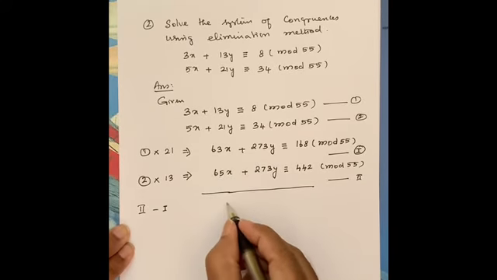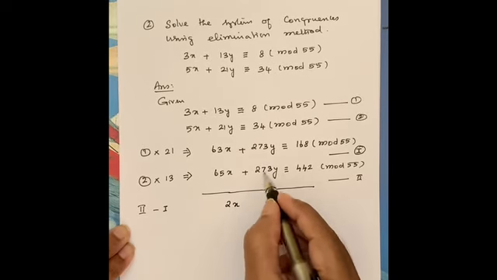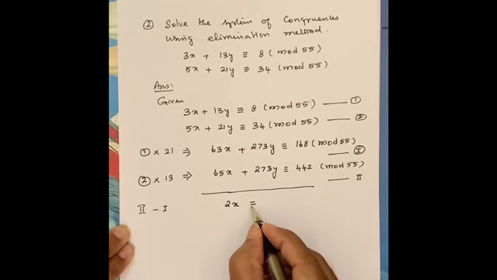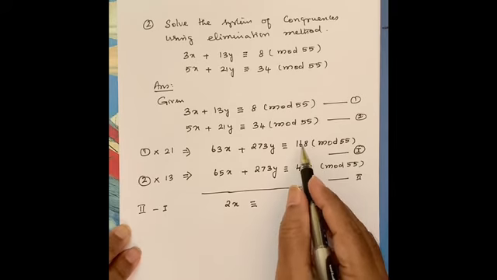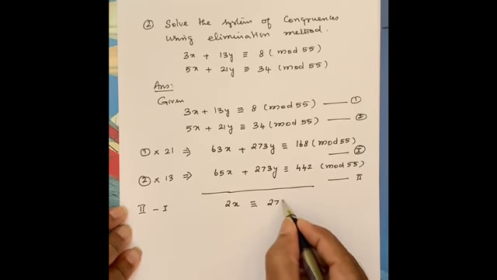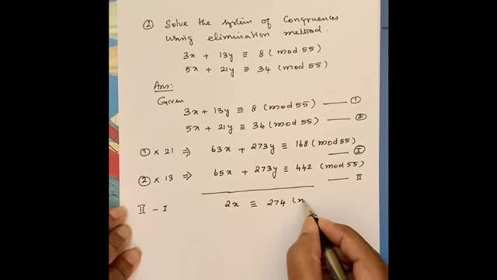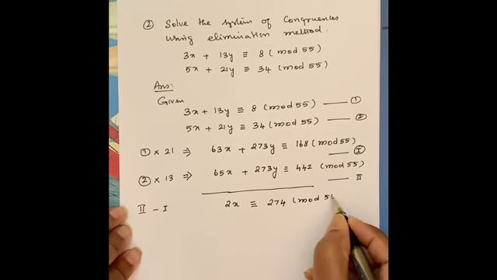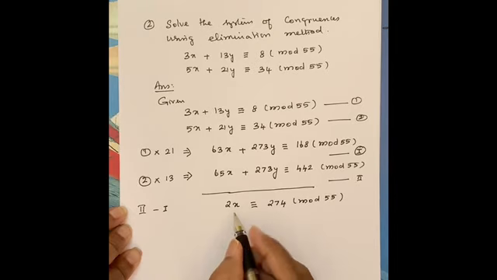65 minus 63, it is 2. So 2x, and the y term will be deleted. Congruent to 442 minus 168, it is 274, modulo 55. Your aim is to find the value of x.